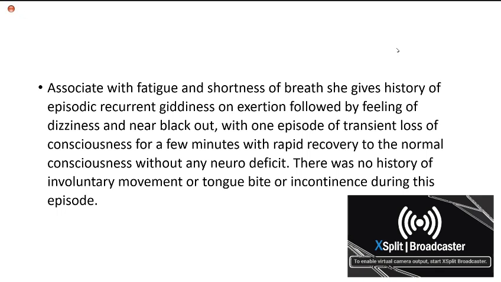This is suggestive of TIA, sir. TIA? Why do you say TIA? AF with embolic, I am suspecting AF with embolic. Why can't you think of the possibility that this could be because of two things? One, it can be because of an obstructive lesion, or second, it could be an arrhythmia.